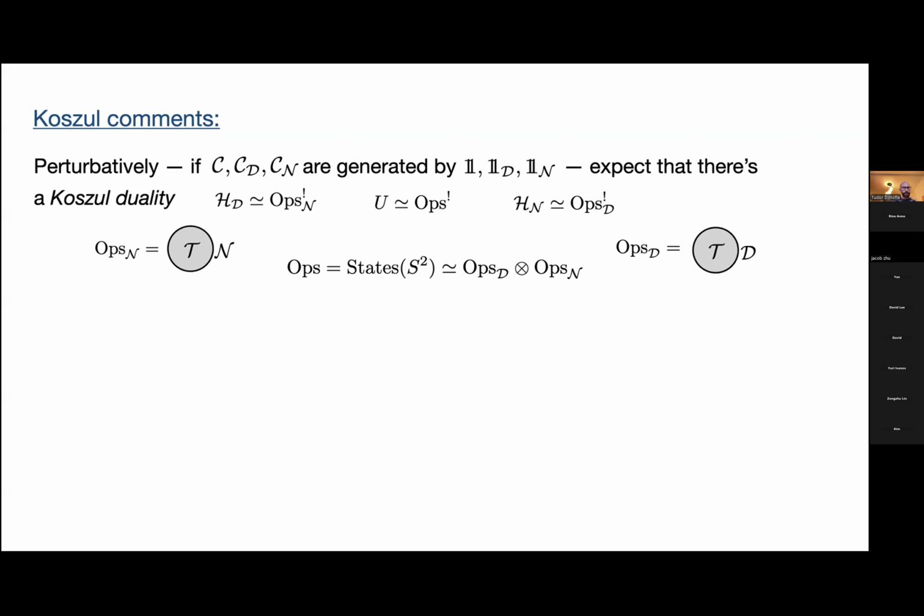There are local operators on each boundary, and there are local operators in the bulk that I'm describing without a subscript. And just like the Hopf algebras were associated to rectangles, local operators are state spaces on disks with boundary N or D. The ones in the bulk are state spaces on S2, which can be split into an N disk and a D disk.